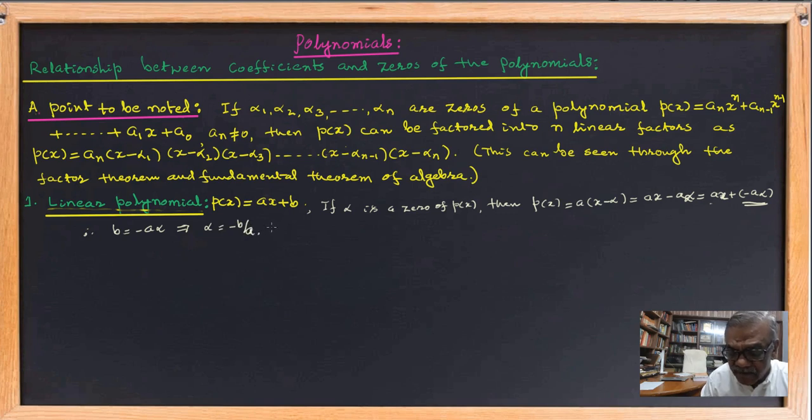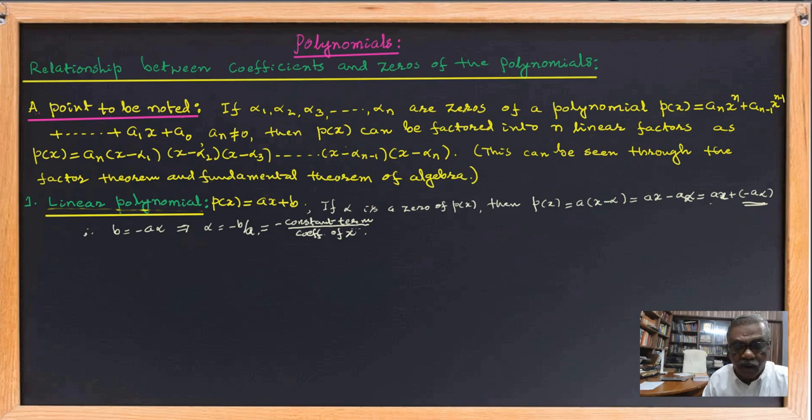In words, this is minus the constant term divided by the coefficient of x.